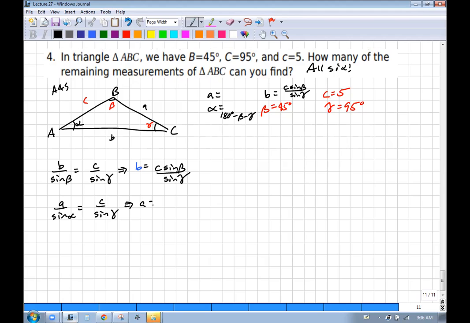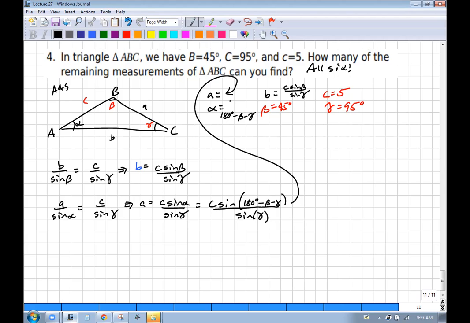So A would be C sine alpha over sine gamma, right? And we already know what C is. Alpha is 180 minus beta minus gamma, and gamma is given, so that's what A is. Everything else is just plugging it into your calculator.